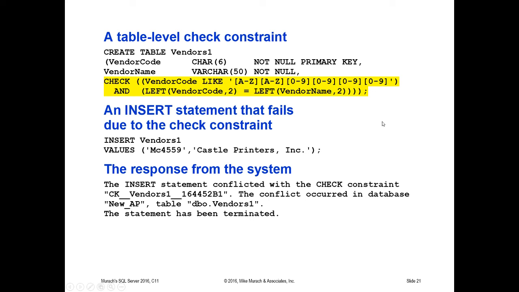So we're using pattern matching to specify the format of that vendor code. And the vendor code's leftmost 2 digits must be the same as the vendor name's leftmost 2 digits. So we would fail here because of the way that's set up. So we can enforce all sorts of check constraints.